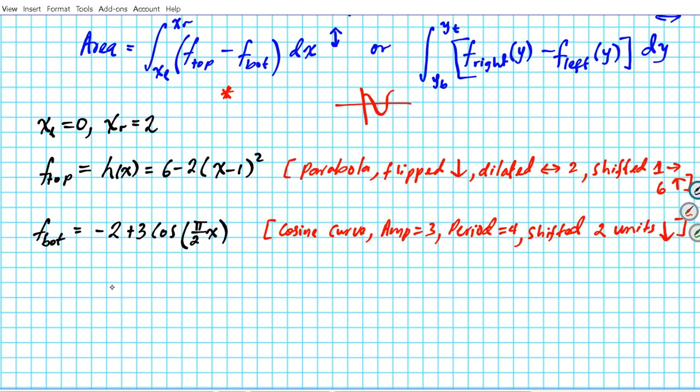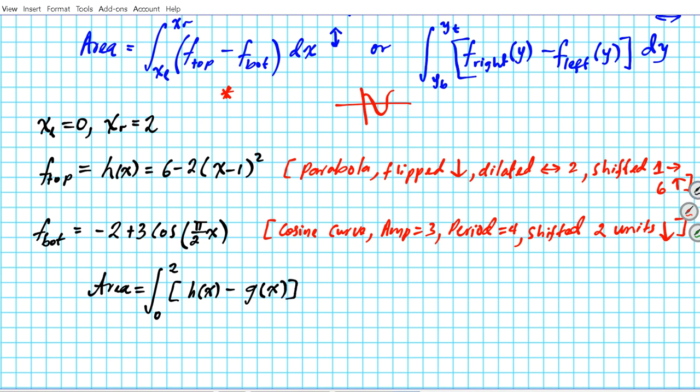So the area, using the formula, is the integral from x left to x right. So from 0 to 2 of the top function, which is h of x, minus the bottom function, which is g of x. Let me do a real quick correction.